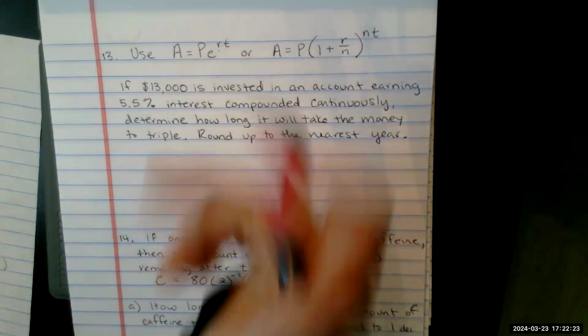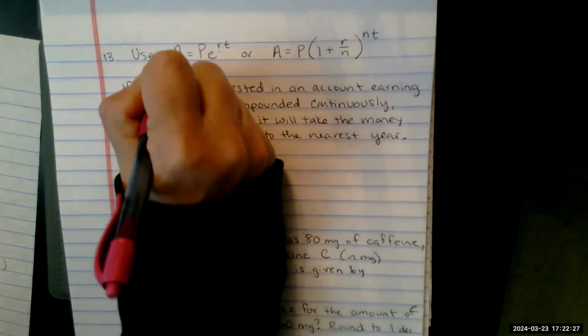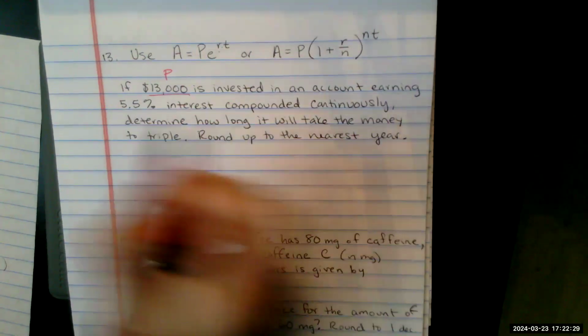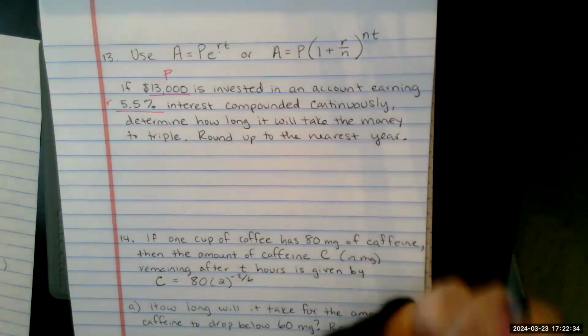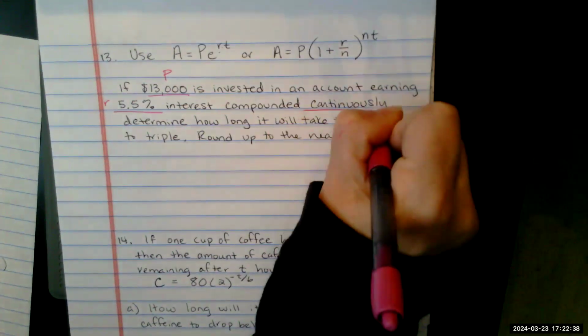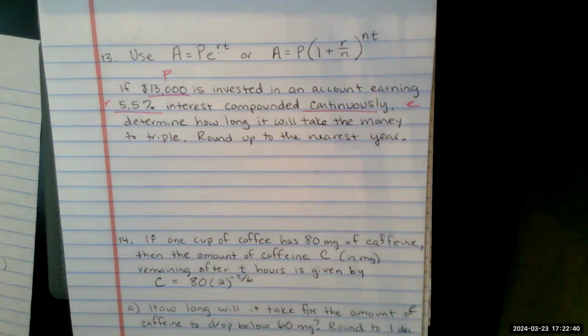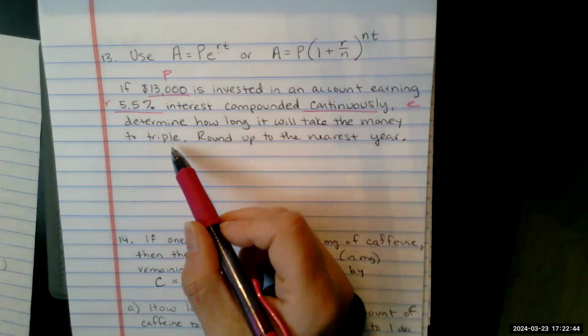So it says if $13,000 is invested in an account, so that's the P, earning 5.5% interest, so that's the R, compounded continuously, so that means to use the formula with the e, determine how long it will take the money to triple.